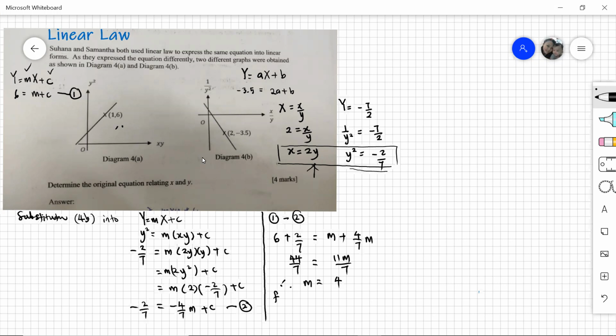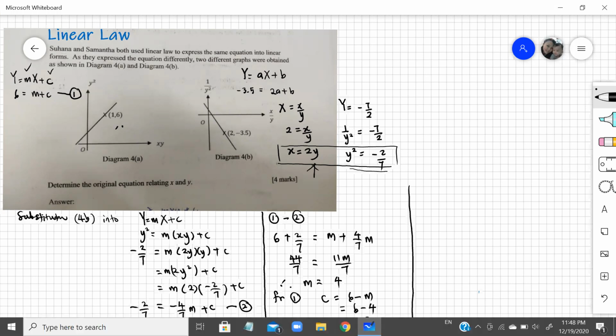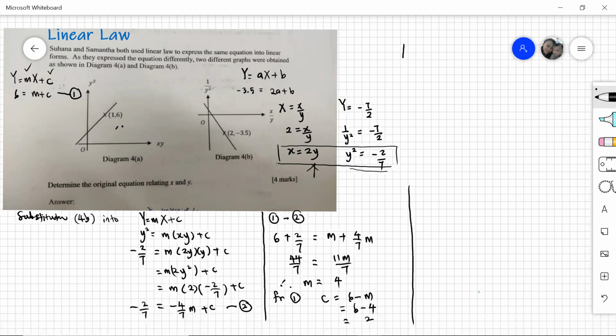Then from equation 1, we find c. c equals 6 minus m, which is 6 minus 4. That is 2. With the m and the c that we just found, we can rewrite the equation.